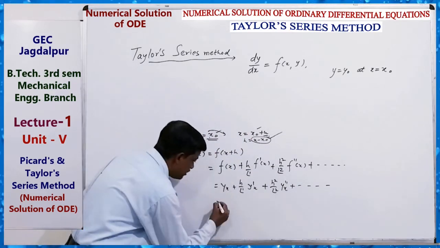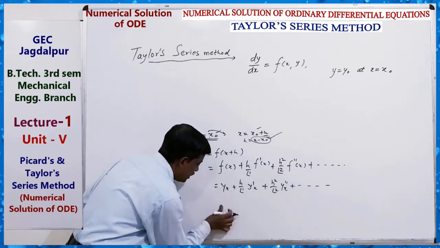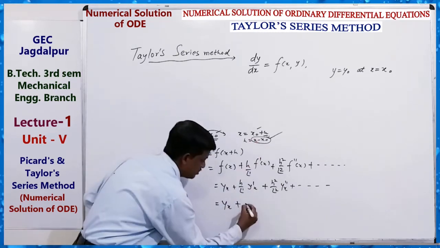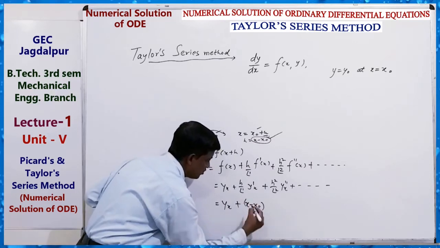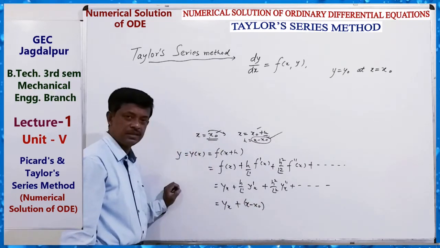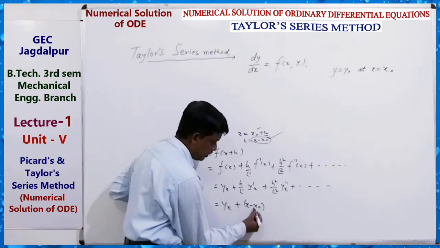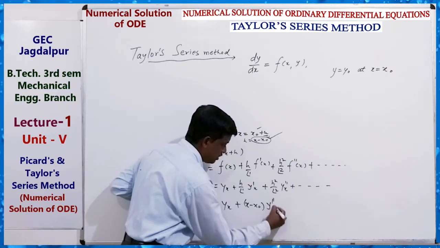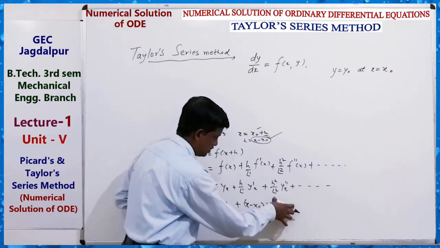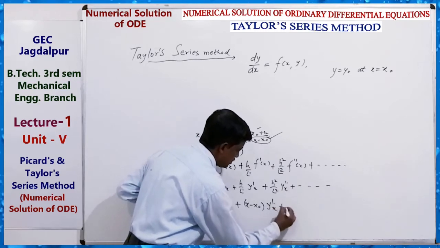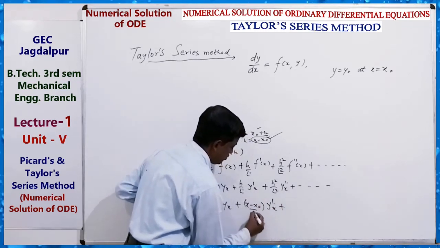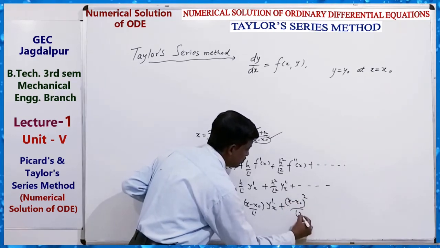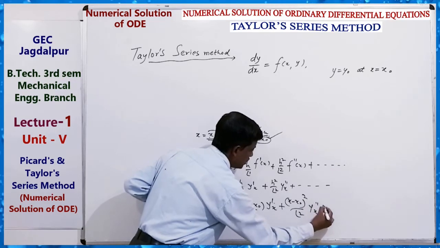We can also write this as y(x) = y0 + (x - x0)/1! y0' + (x - x0)^2/2! y0'' + and so on.